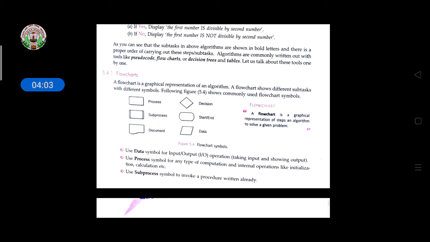Then decision means if conditions. If you are giving an if condition, then you have to give the flow of your steps: if it comes true, to which side your process will flow, and if it comes false, which direction the logic goes. This is made in the decision box.